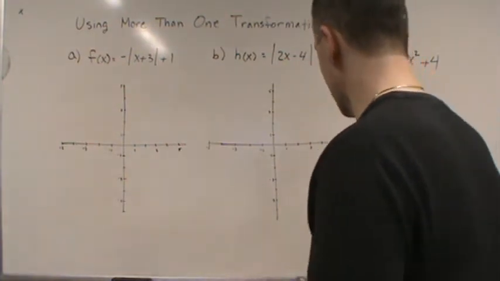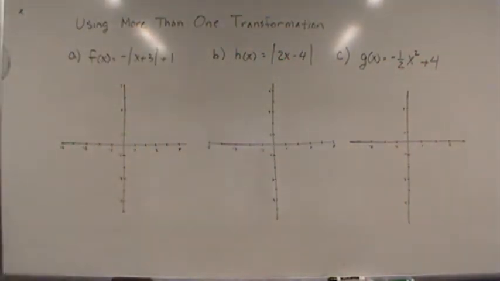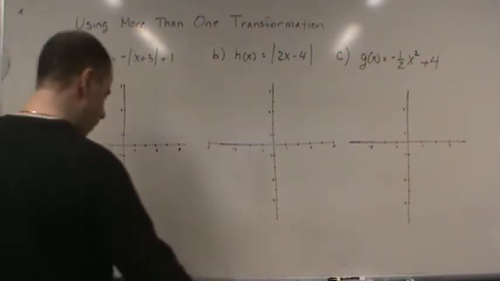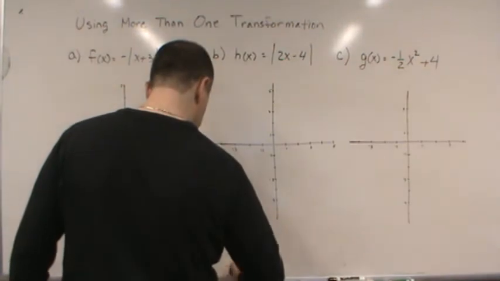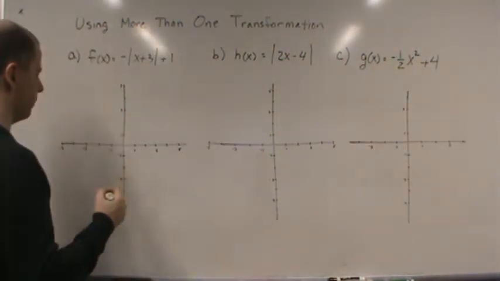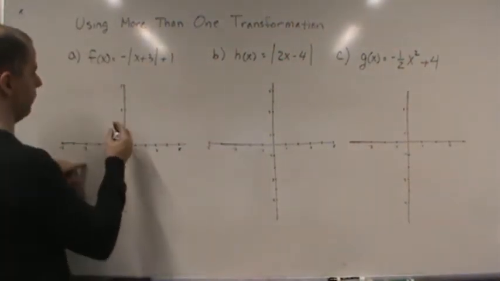So let's start with the first one, and we'll plot the absolute value function first, the basic function. Okay, so I'm going to graph the basic function of absolute value of x.